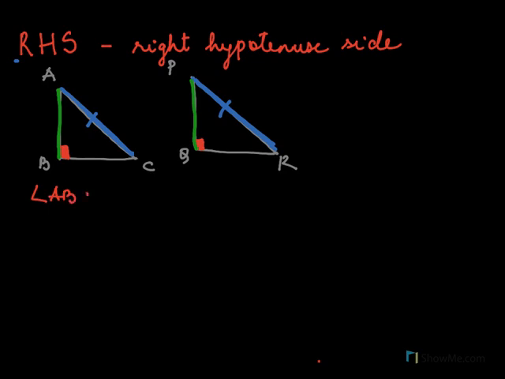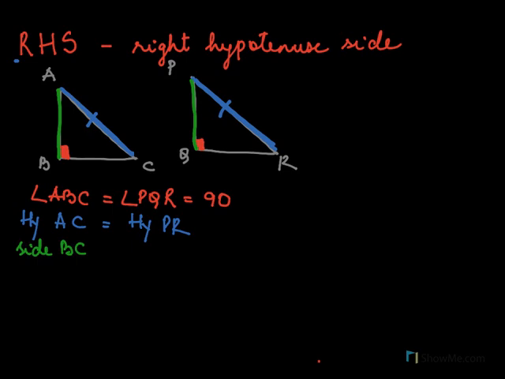So I have angle ABC equal to angle PQR, not only equal, it should be 90. Then we had hypotenuse AC equal to hypotenuse PR, and then we need one side, that is side AB equal to side PQ.